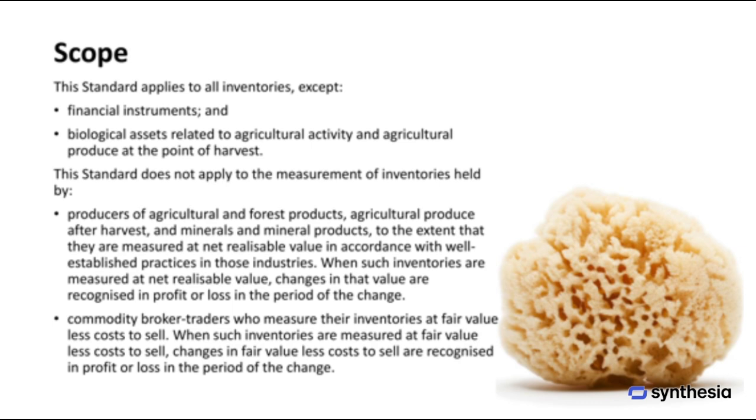In such cases, any changes in value are reflected in the profit or loss for the period in which they occur. The standard also excludes inventories held by commodity broker traders when they are measured at fair value minus the cost to sell, with any changes in that value also recognized in the same period.